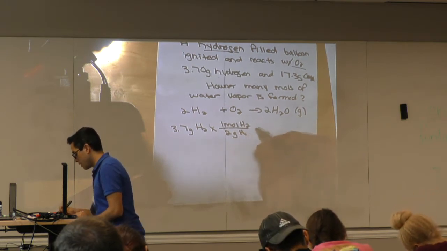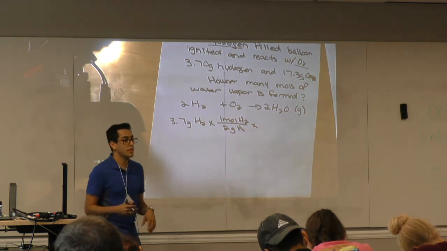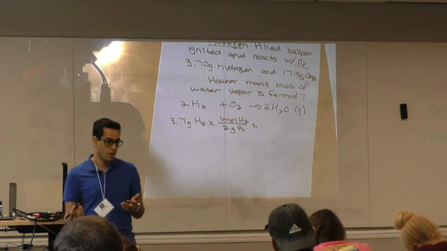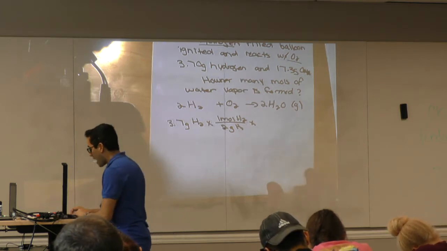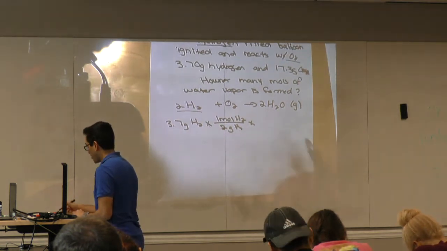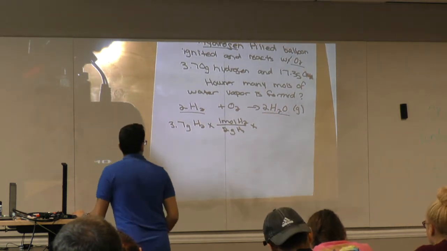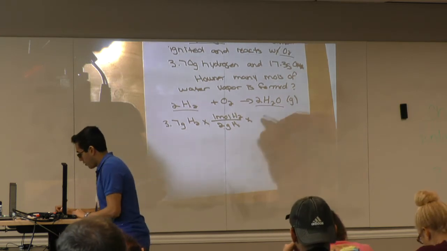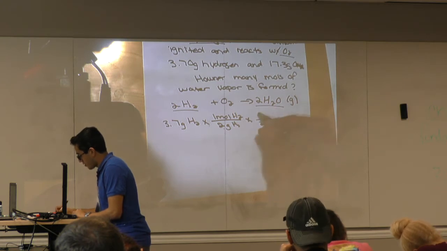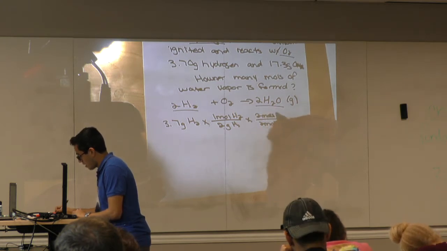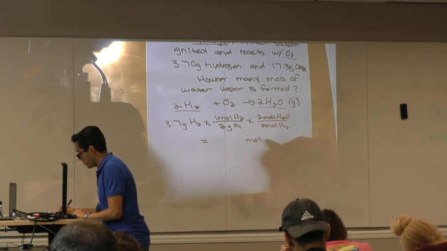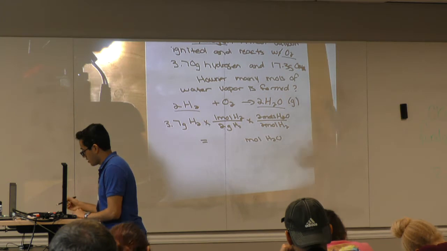Then, from there, we need to convert from moles of hydrogen to moles of water, or H2O. But we have the balanced reaction for that. We know that 2 H2 makes 2 H2O. So we know we have 2 moles of H2, and that will go into 2 moles of H2O. This will give us our answer in moles of H2O, which is what we're asked.